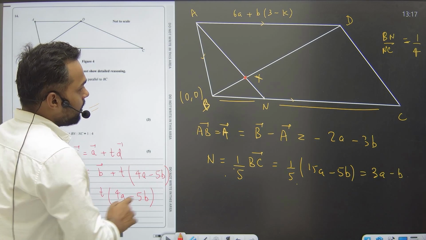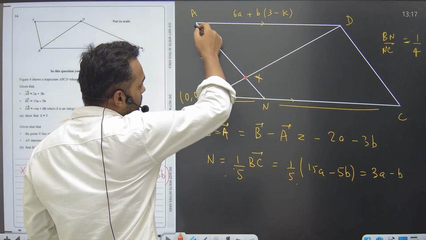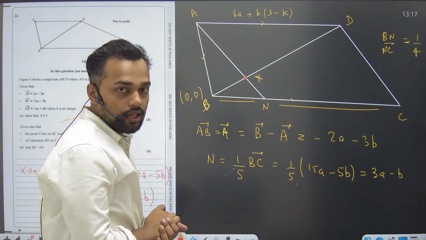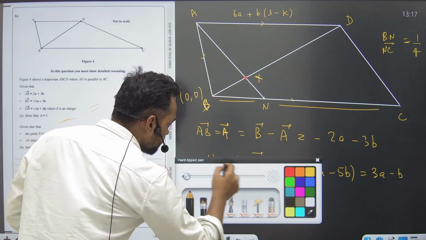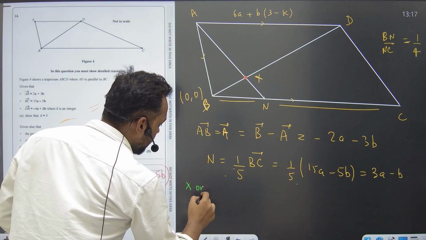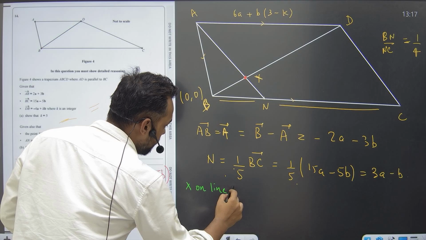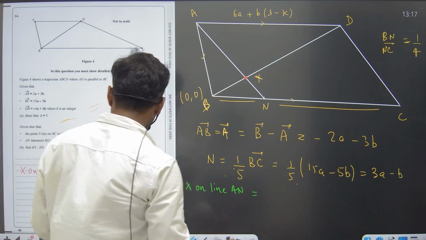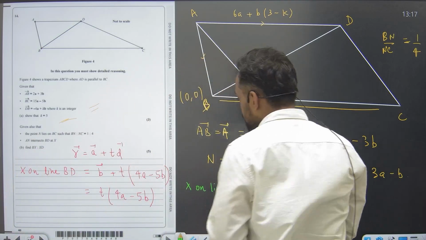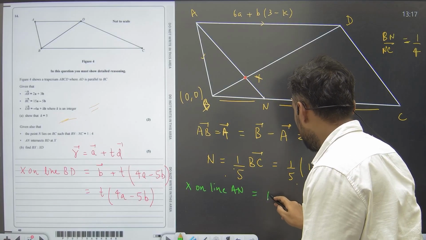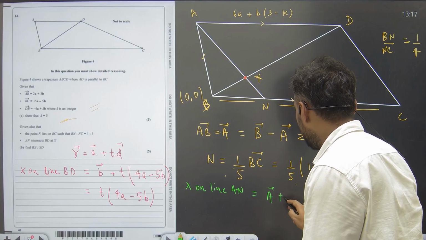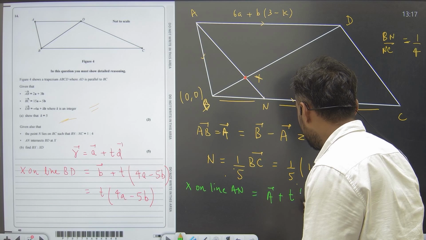Similarly, the parametric value of x on the line AN, how will it be given? I've told you the formula, that is a vector plus t times d vector. So a here will be a itself, plus t times d.